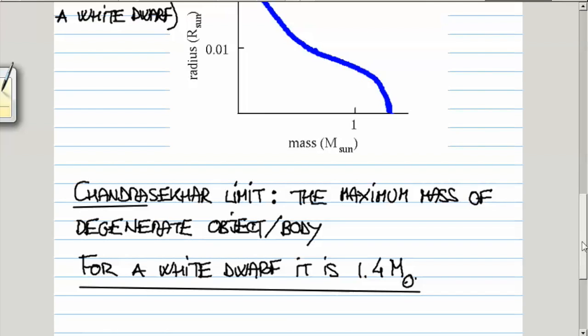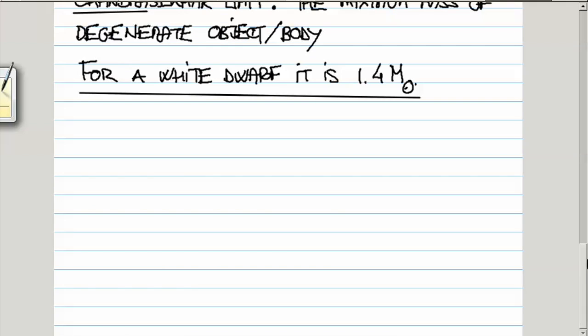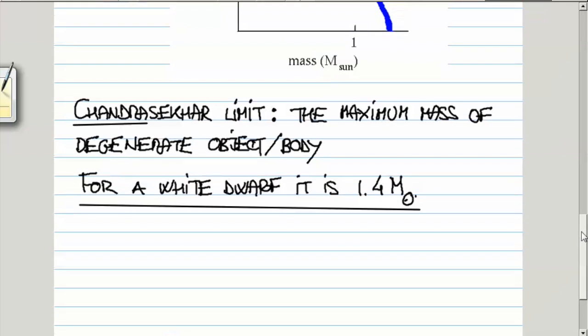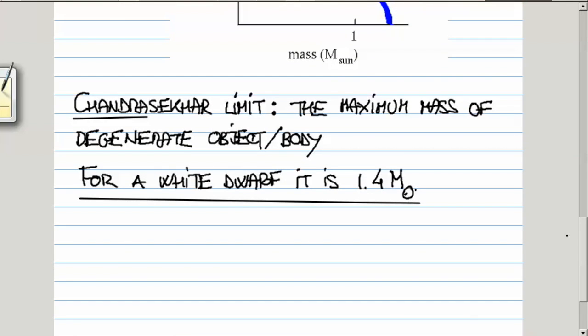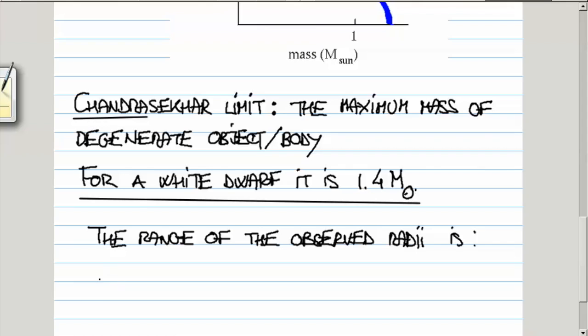It turns out that the radii of white dwarfs fall in the range from about 0.008 of the sun's radius, from, as I said, 0.008 radius of the sun.